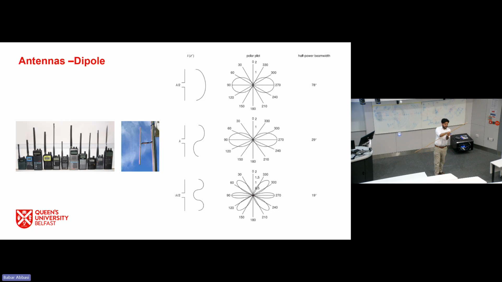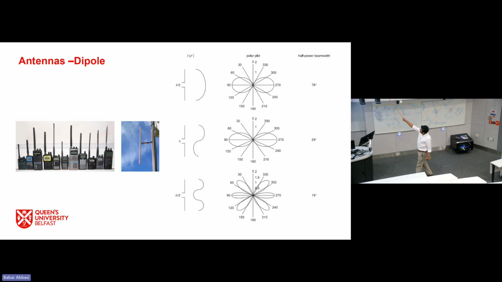So it will radiate maximally in this 78-degree beamwidth. That's why walkie-talkies will work if you are holding them like this. But if you are holding them like this towards who you want to speak to, they will receive basically nothing. Sometimes from multipaths they will receive something, but in an ideal world, nothing.